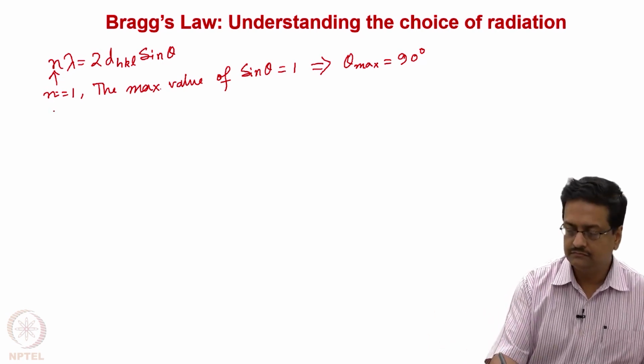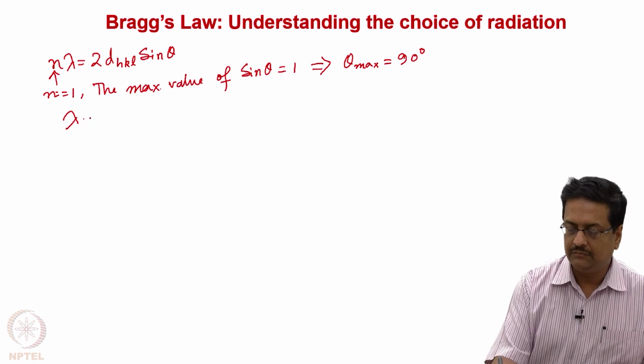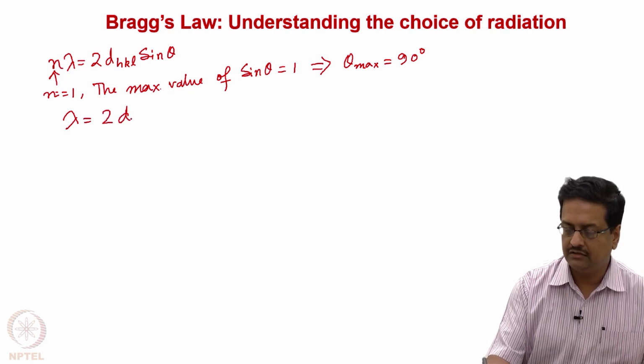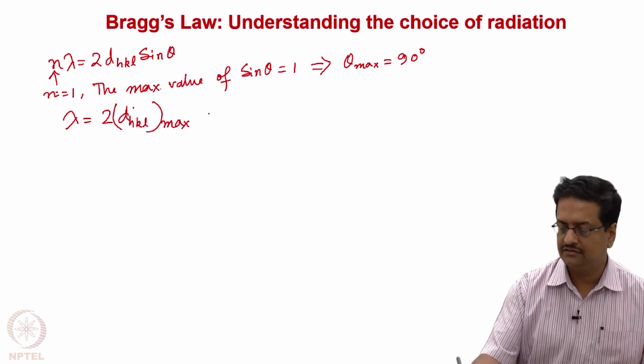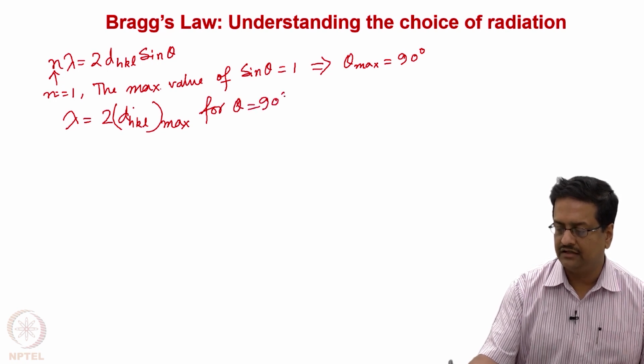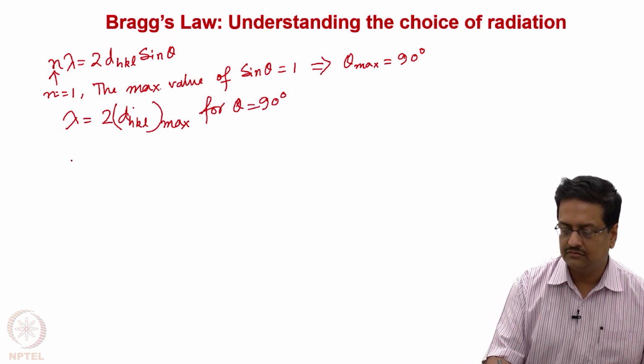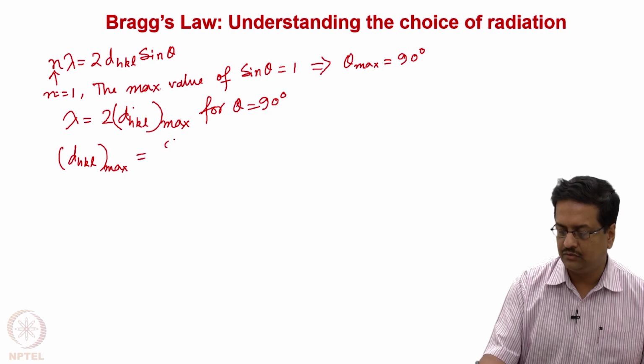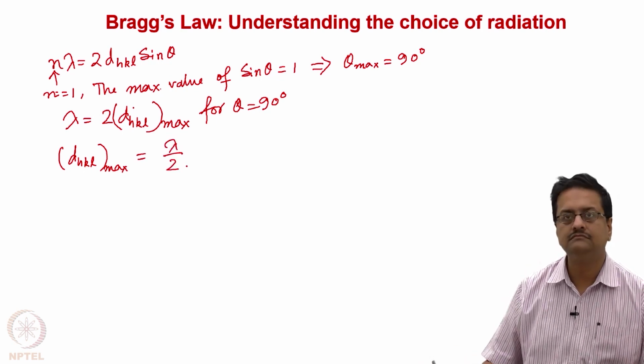So lambda equal to 2 d hkl max is for theta equal to 90 degree. So d hkl max is equal to lambda by 2.